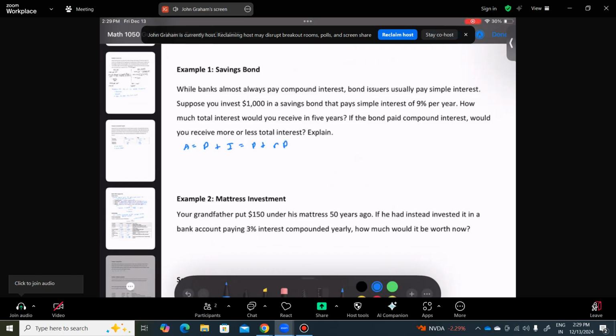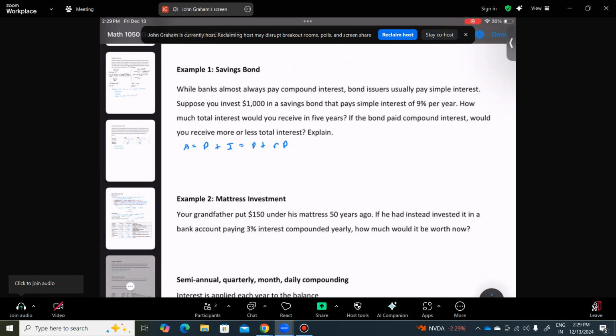Okay, so it's just R times P. All right, and so you'll have $1,000 plus your rate is 0.09, 9% times 1,000. So 0.09 times 1,000 plus 1,000, you're at $1,090. Right. This is at the end of a year.